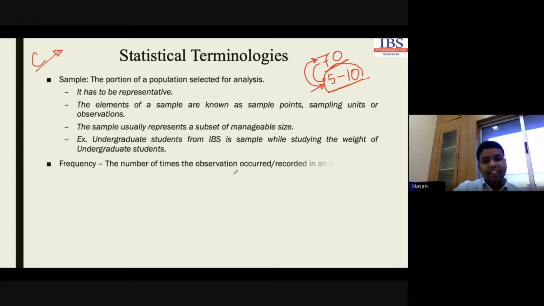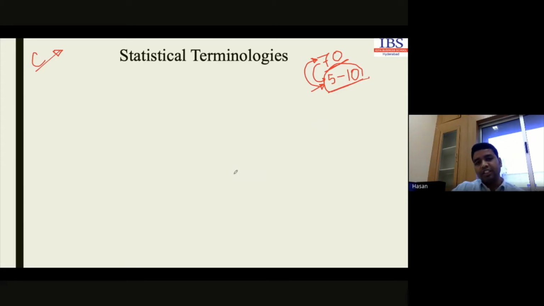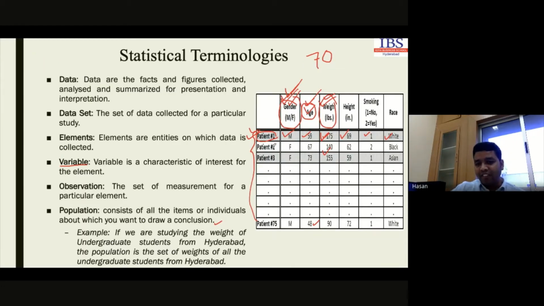Our next one is frequency. Frequency is the number of occurrences for each and every head. Look here, in the previous example we have 75 patients. If we are going to judge the frequency here, the first one is gender.